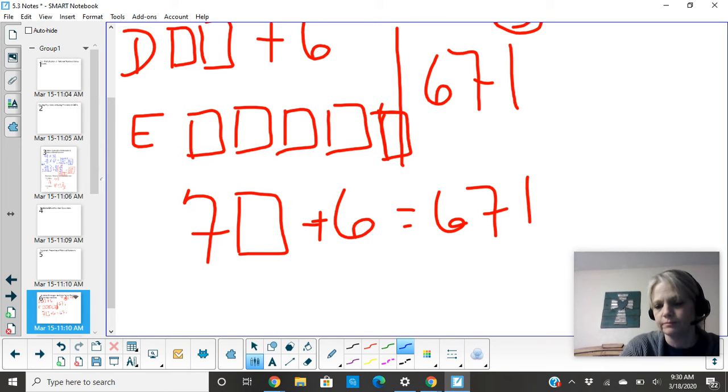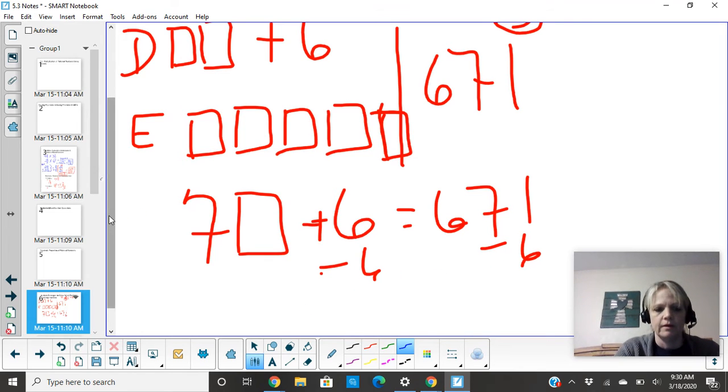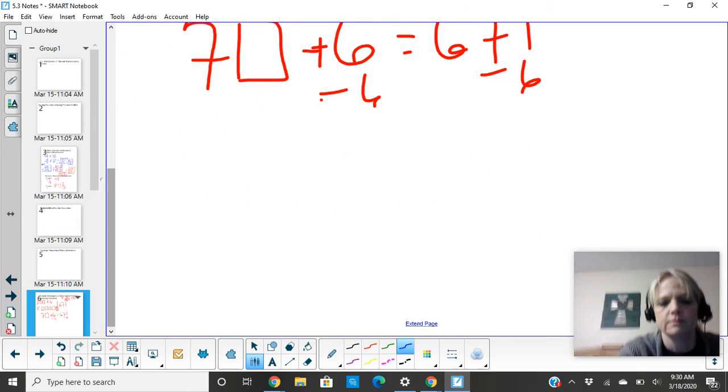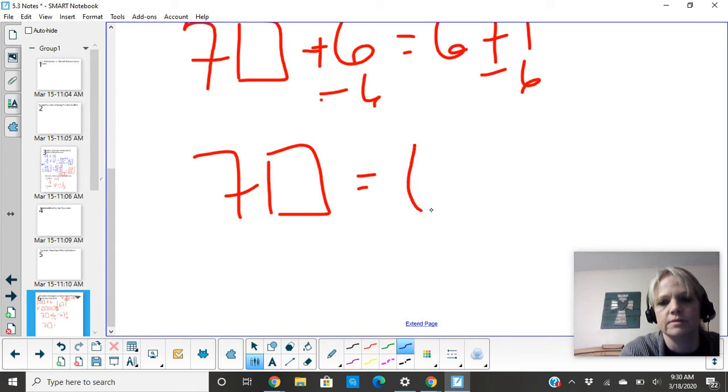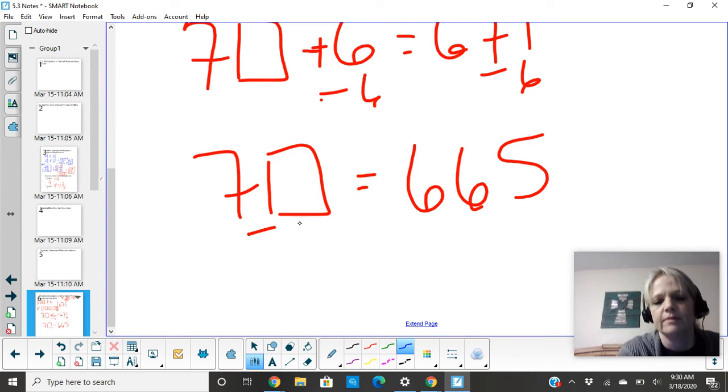And then we solve. Okay, we're going to subtract 6 from both sides. And that's going to leave 7 portions is equal to 665. And then we're going to divide by 7.